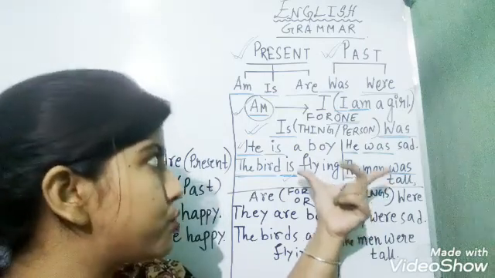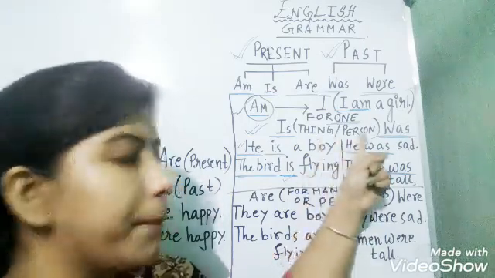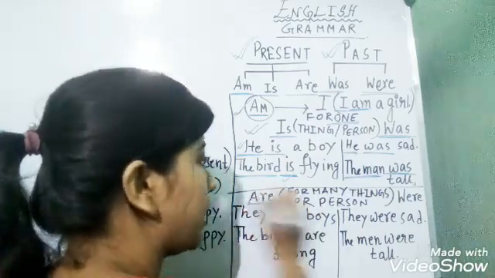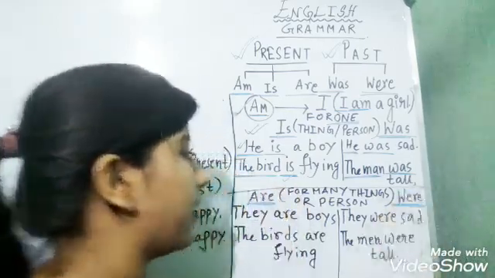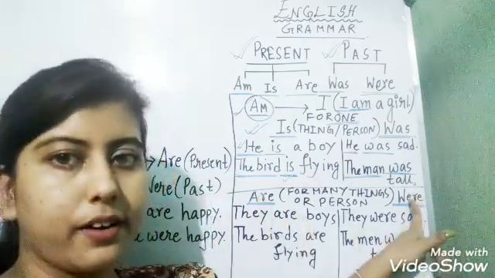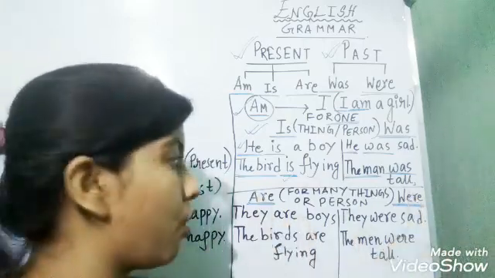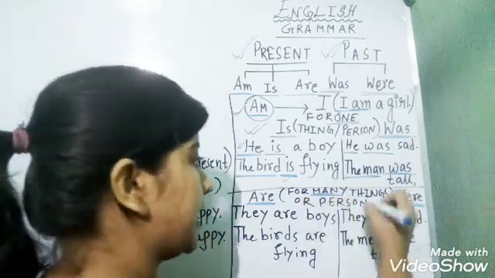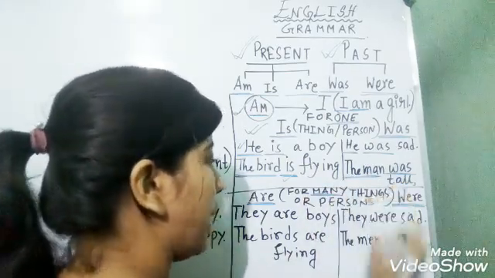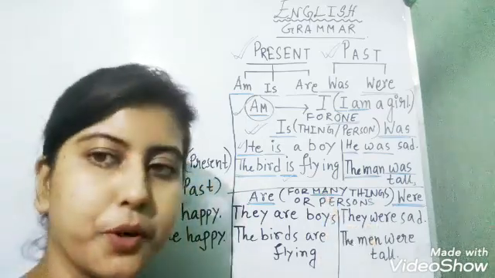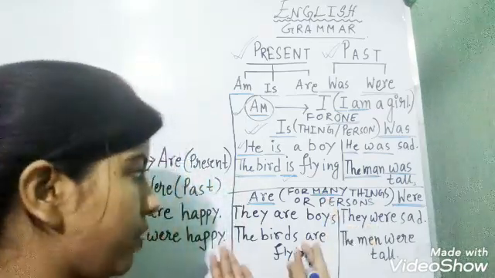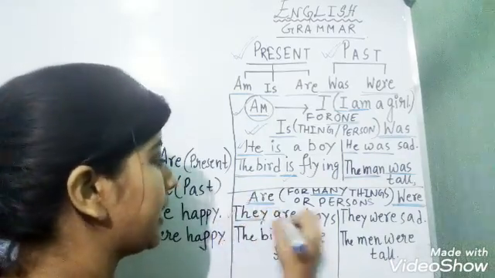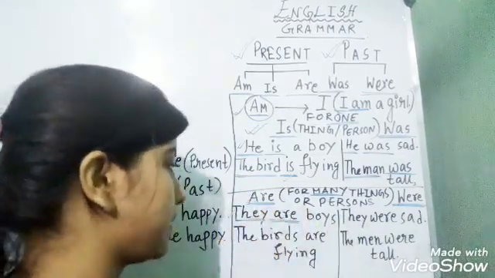Now this was about is and was. They are used for one thing or person. Now we will talk about are and were. They are used for many things or persons. First of all, I have written here, they are boys.